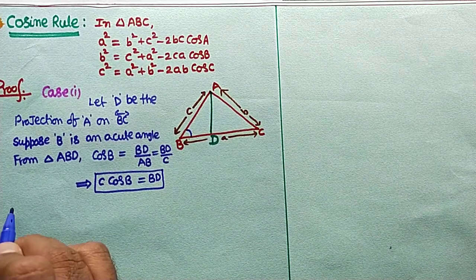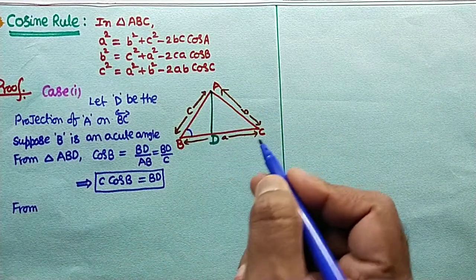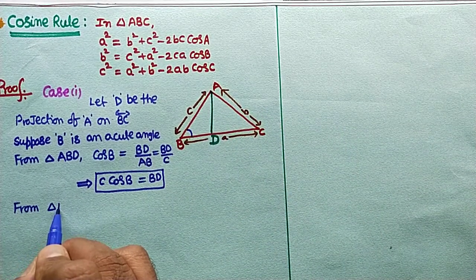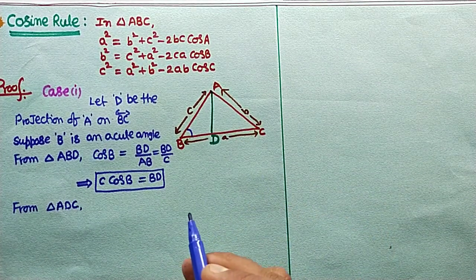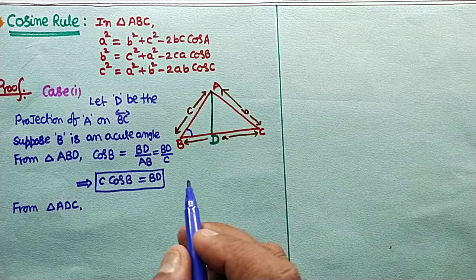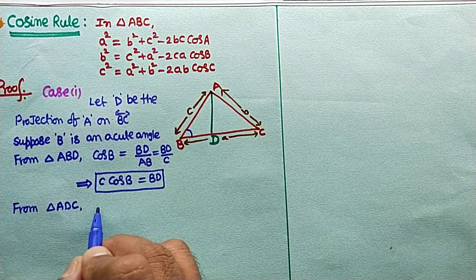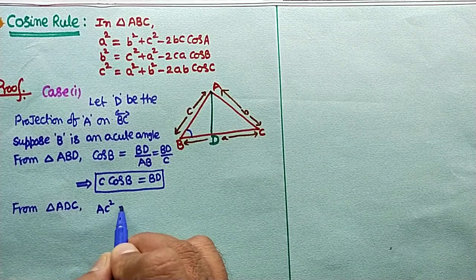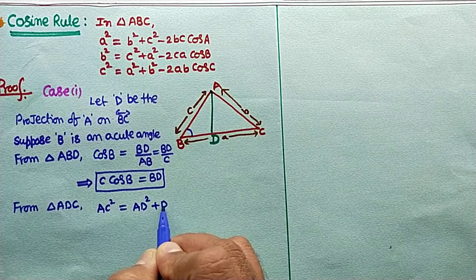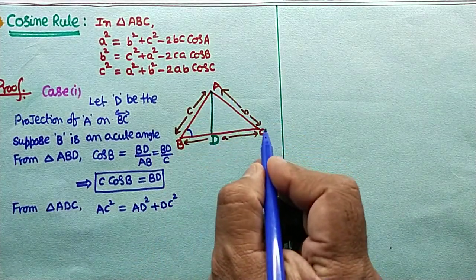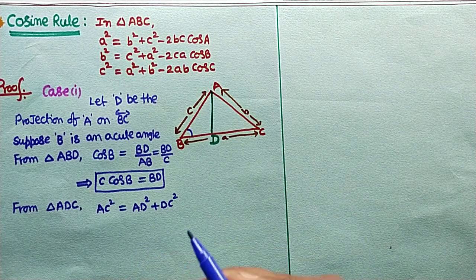After that, from triangle ADC, it is a right angle triangle. If you apply Pythagoras theorem, AC square equal to AD square plus DC square.